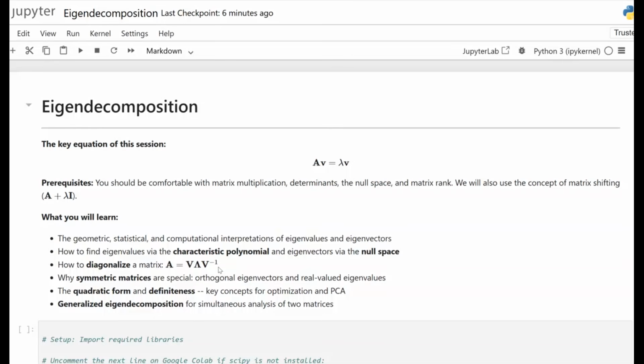So that's why eigendecomposition powers PCA, machine learning, computer vision, signal processing, network analysis, financial modeling, scientific computing. Of course, dear friends, every time a machine learning model discovers hidden structure in data, eigendecomposition is often working quietly behind the scenes. I hope this session will be very useful.